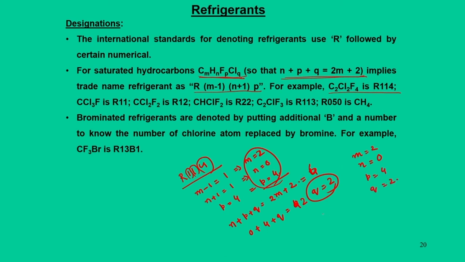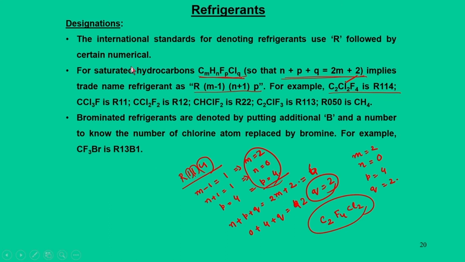From this, m is equal to 2 means carbon 2, n is equal to 0 means there is no hydrogen, P is equal to 4 means F4, and chlorine is 2. So, this is how it is written here. Accordingly, for all other cases you can write this.